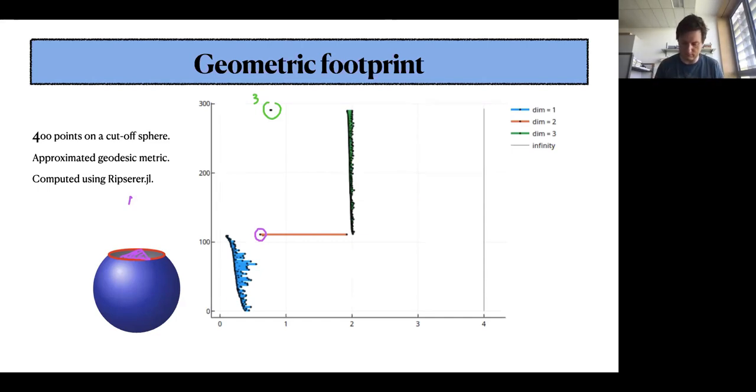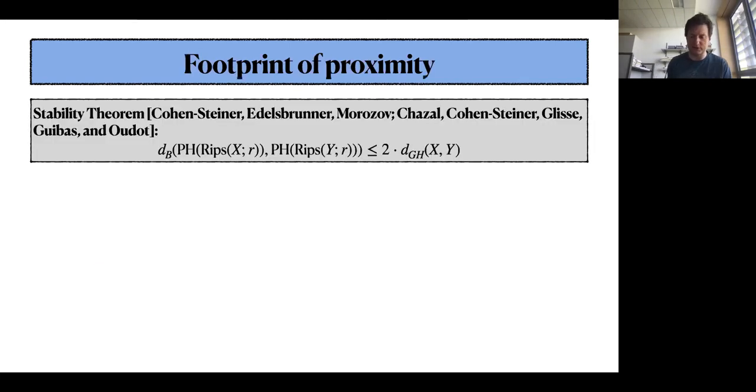So we have 2 more footprints, 2 more ways to induce parts of persistent homology, which are a bit different. Now, one of them is cheating again, just like topological footprint is cheating.